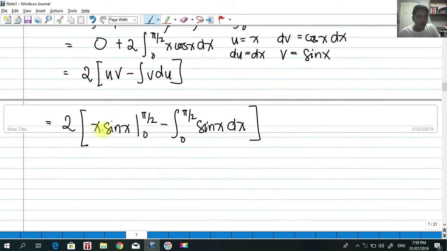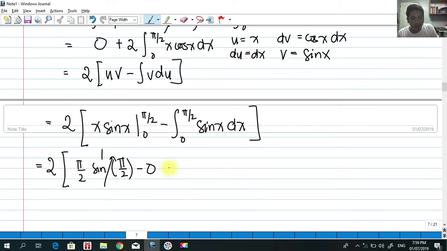So first, we evaluate this. We have 2 pi over 2 sine of pi over 2, minus, of course, if x is 0 here, this whole expression evaluated from 0 should be 0. Sine of pi over 2, sine 90, is 1.